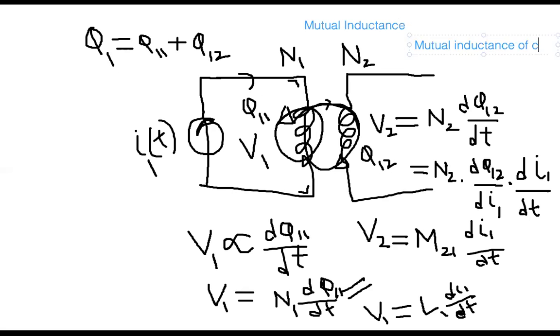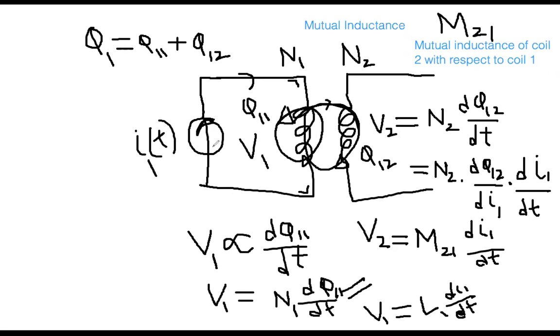Mutual inductance of coil 2 with respect to coil 1. That is the meaning of the symbol M21 down here. So mutual inductance of coil 2, that's why the first number is 2 and then number 1, with respect to coil 1.